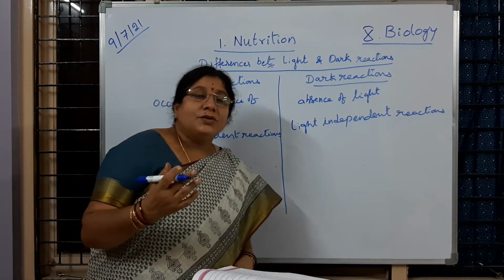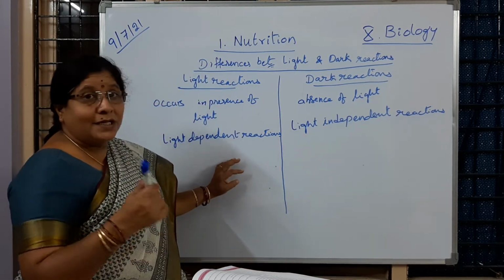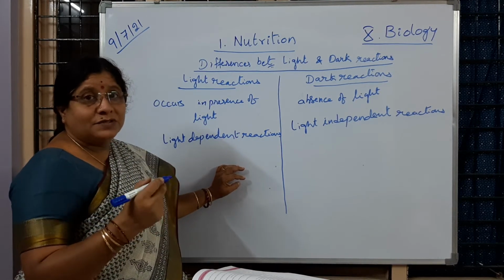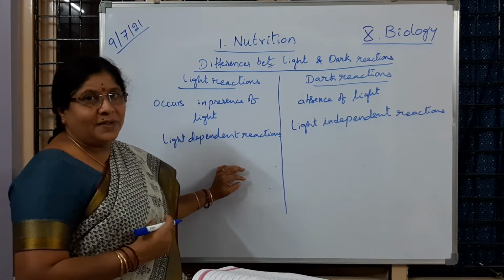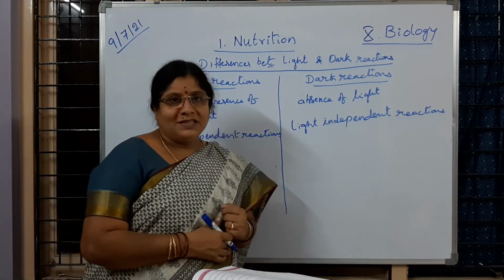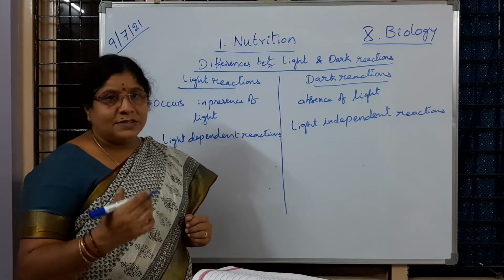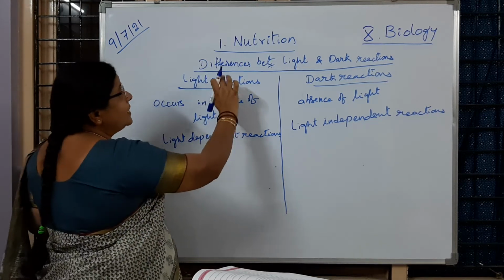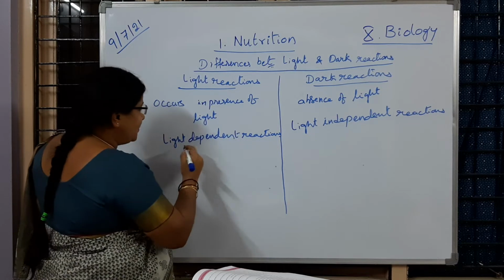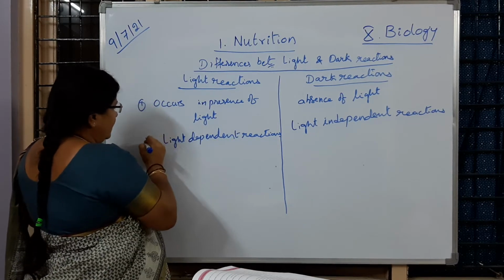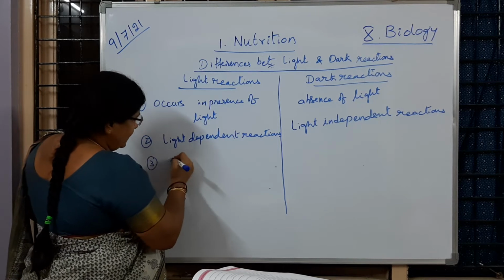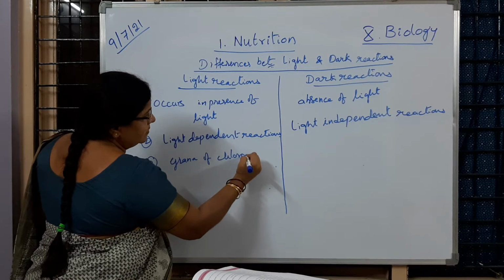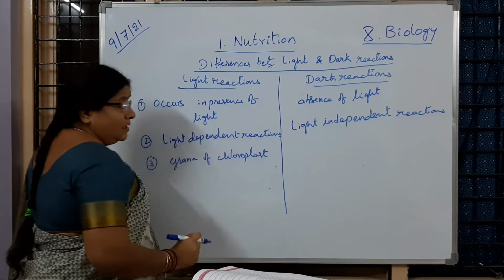Then, in which part of the chloroplast are the light reactions going to happen? You learned in the structure of chloroplast two important parts where the process of photosynthesis is going to happen. Even before we start the mechanism of photosynthesis, you learned which part of the chloroplast plays a role in photosynthesis.